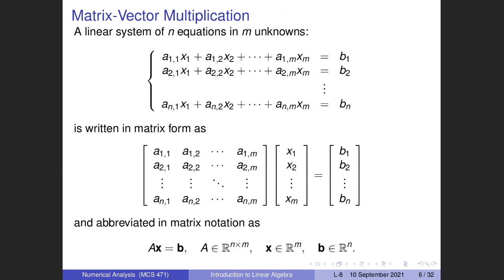All right, where do the linear systems now come in, and how will we write linear systems? We can do this as equations, as you would do in symbolic computation, or on paper.